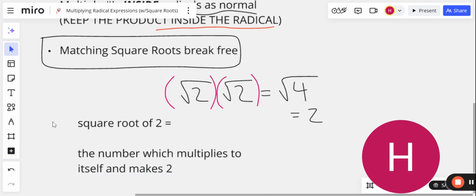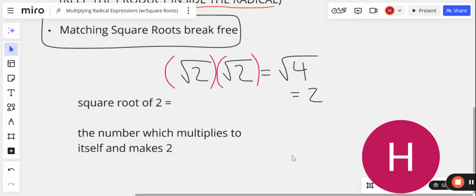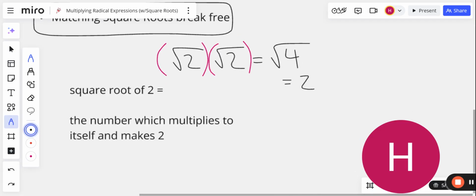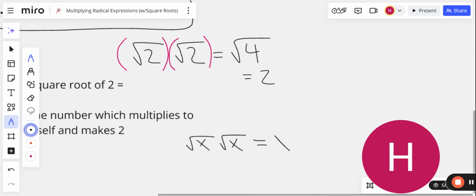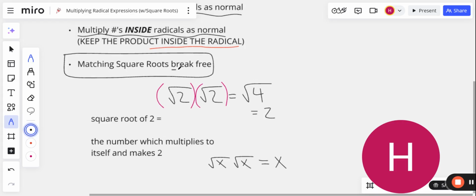So in other words, the square root of 2 is some number that if you multiplied it by itself, you would get 2. That's what the square root means. Therefore, if you multiply the square root of 2 times the square root of 2, that's multiplying it by itself, you just get 2. So in general, square root of any number times the square root of that same number is going to break free of the square root. That's what we mean here by square roots that match, they break free.